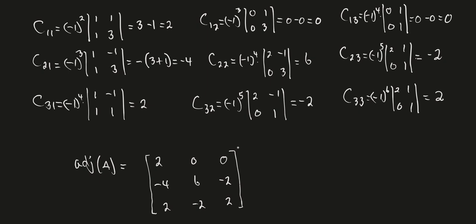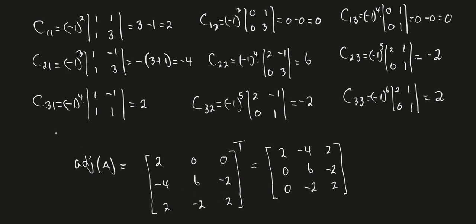We then have to take the transpose of it, right? So in the square brackets would be the matrix of cofactors, and when you take the transpose of that matrix of cofactors, that's what gives you the adjoint, right?